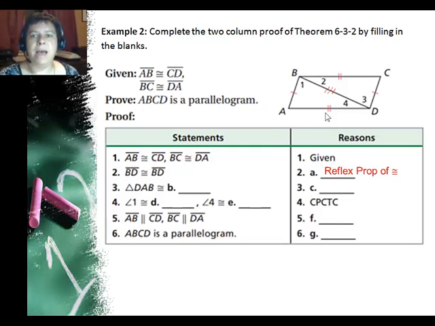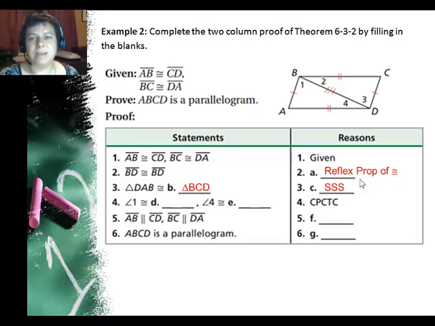Now I have BA and CD, and then AD and CB, and then BD to DB. Well, I can actually say these two triangles are congruent. So DAB is congruent to BCD by side, side, side.